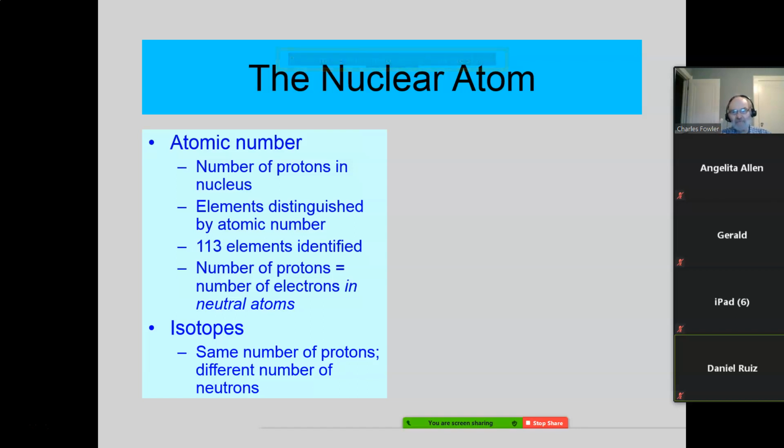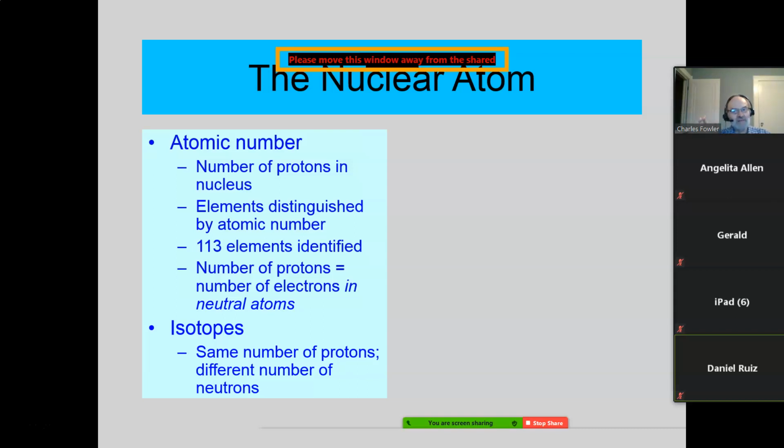The number of protons in the nucleus of any atom. Okay? That determines what atom it is. If you have an atom with only one proton in it, you're guaranteed to have hydrogen. And nothing but hydrogen. Only hydrogen.